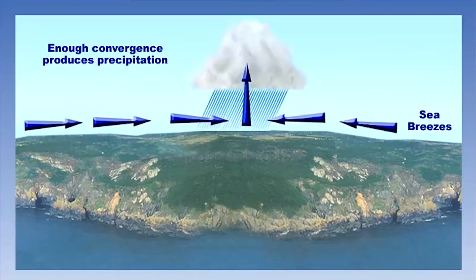In some cases, the uplift due to convergence is strong enough to produce precipitation in the form of showers or even give thunderstorms. Look at this satellite image of the southwest of England. It shows a line of convective cloud which is formed partly as a result of sea breeze convergence.